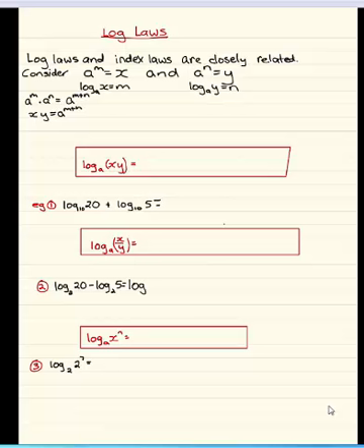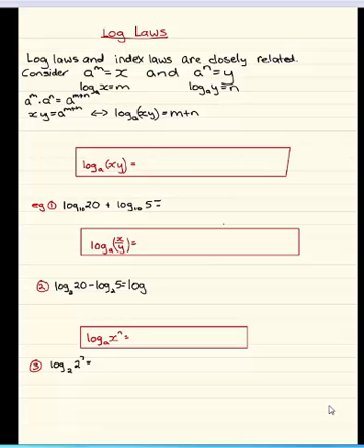What happens if we write this as a log? Well, from here we get that log of the base, so a, the answer, xy, is equal to the power, m plus n. Okay, so nothing new there. We've just written that as a log.